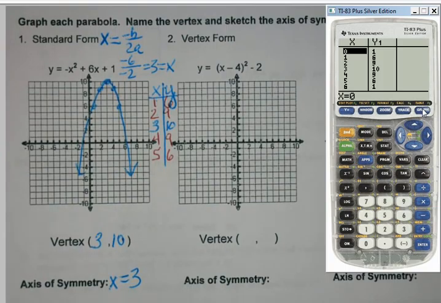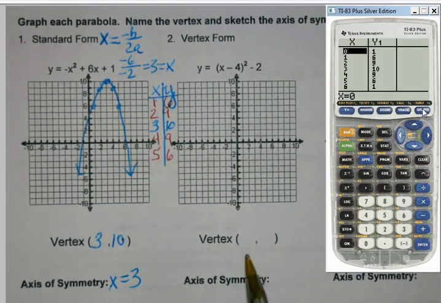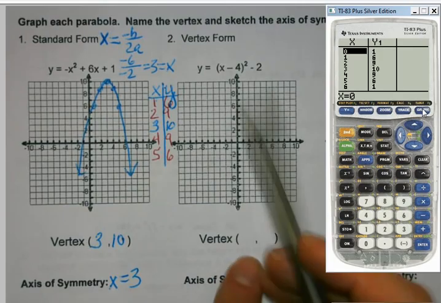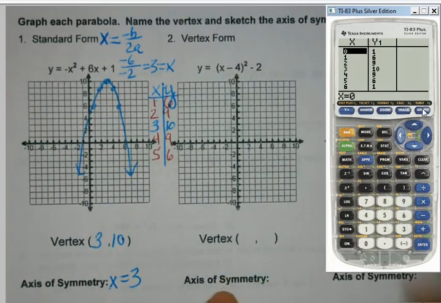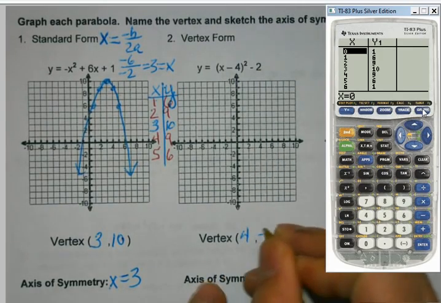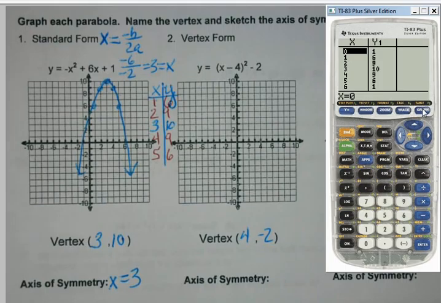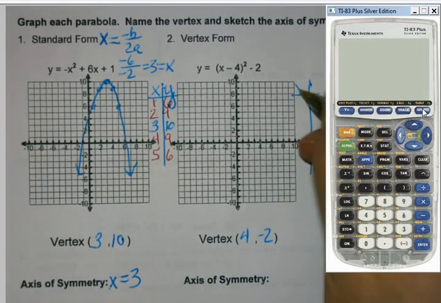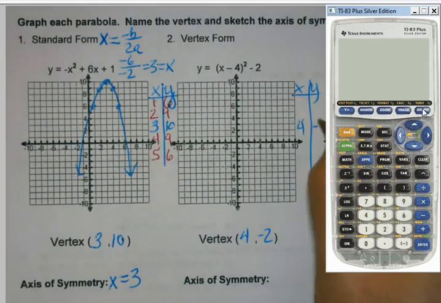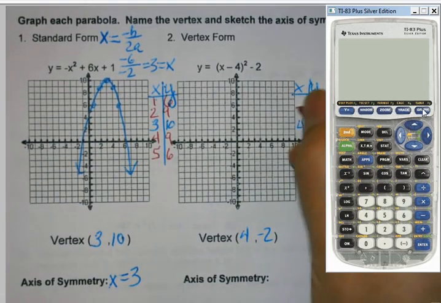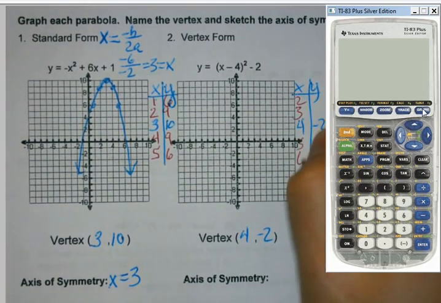The rest of them, I can get my vertex straight from the equation in this one. What's my vertex going to be? 4 and negative 2. Now again, at this point, if I want to, I could make a chart and get into all of this business.